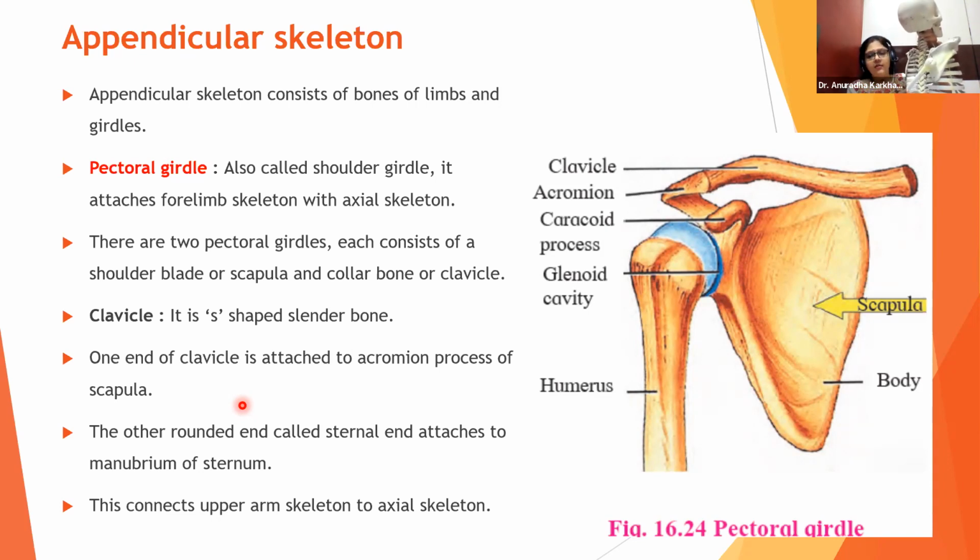ये जो दिखाई दे रहा है ना, this is the scapula. So ये scapula है, ये clavicle. Scapula, clavicle. Right? Understanding? So clavicle, it is an S-shaped slender bone. You can see this S-shaped slender bone.